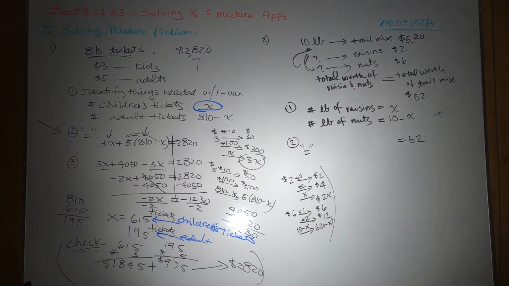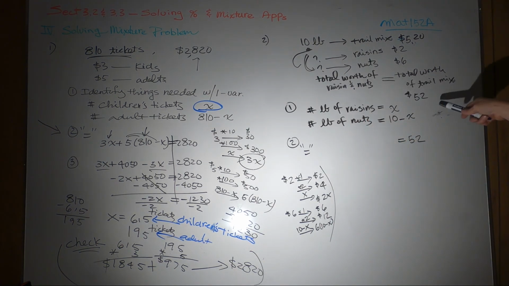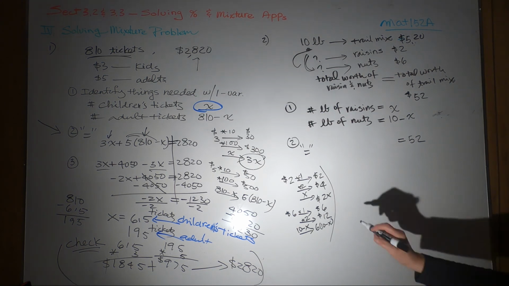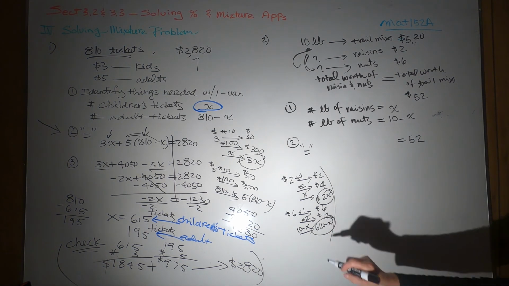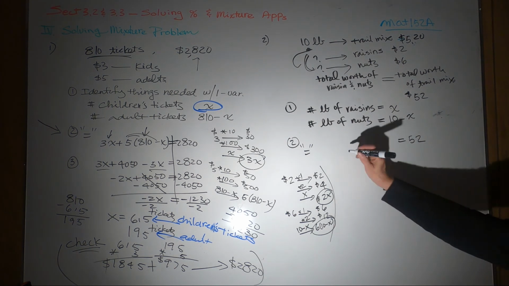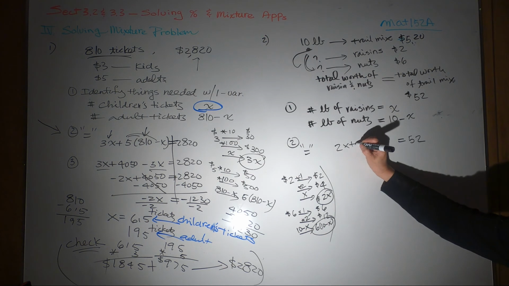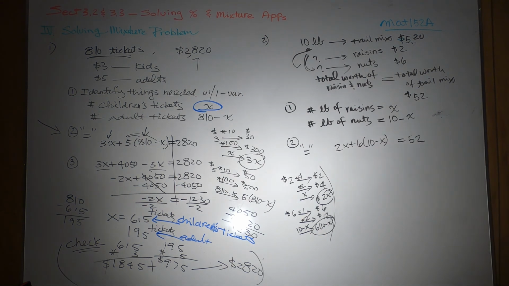Then the total worth should be the same for the two individually or mixed together. So that's the cost for the raisins, that's the cost for the nuts. Total worth, you add them together, should be $52.